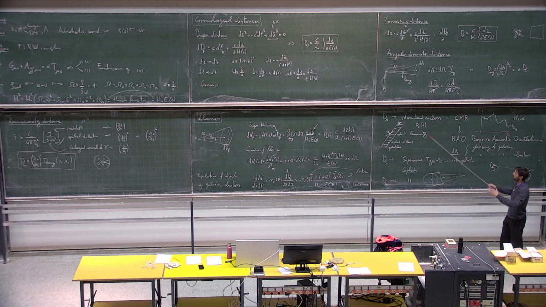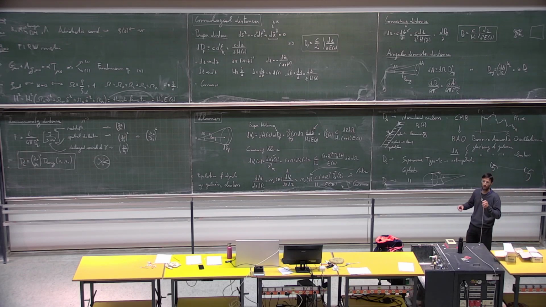Then having all these distances, since we are always referring, when we want to do cosmological measurements, to standard rulers or standard candles, I gave you the way that is used to define or tune our candles, to define what is the absolute luminosity of our candles.